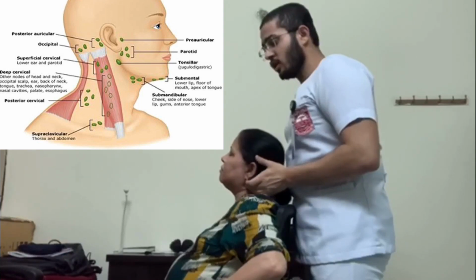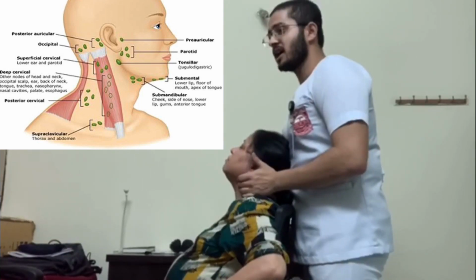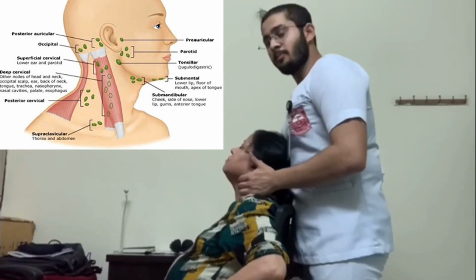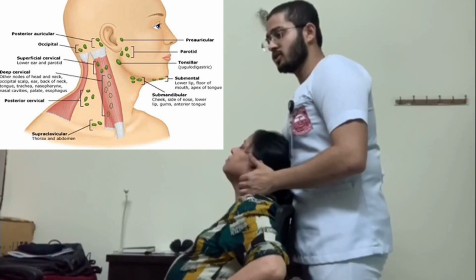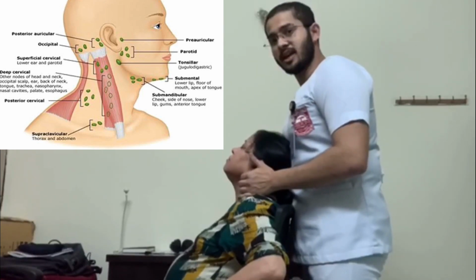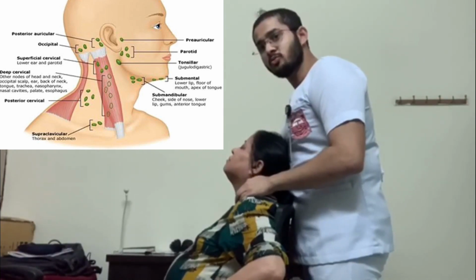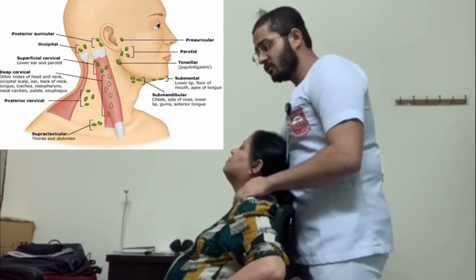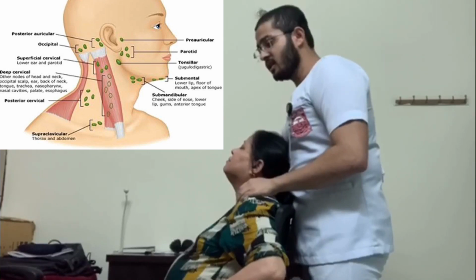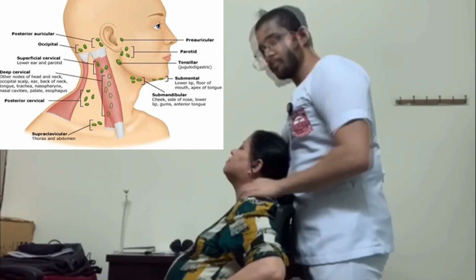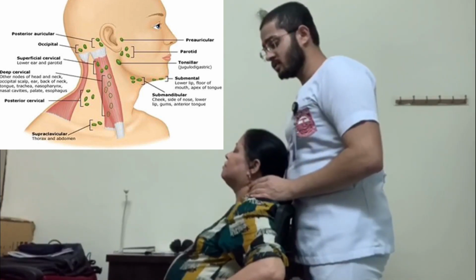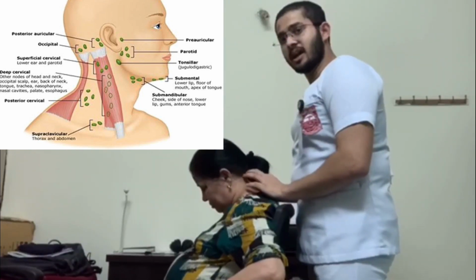Then we go downwards towards the cervical lymph nodes, anterior and posterior, present along the sternocleidomastoid in the shape of a Z. Then we go to the lower region, the supraclavicular lymph nodes present above the clavicle, and then we also palpate going backwards towards the posterior side at the occipital lymph nodes.